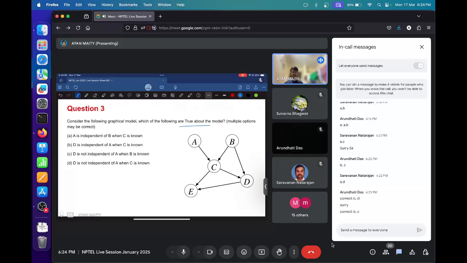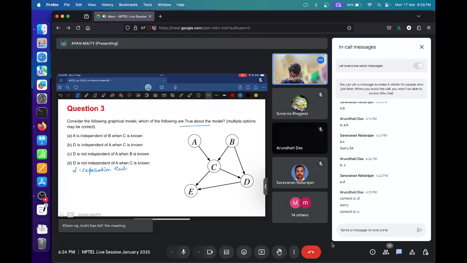Okay, so for this question first, those of you who have studied the d-separation rules would be able to solve, but those who haven't, there are 3 d-separation rules. The first rule is, consider nodes x, y, z, and there is a directed edge from x to y, and another directed edge from y to z. Now we want to find out whether x and z are independent of each other given y.